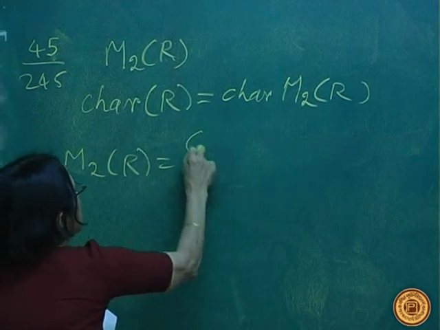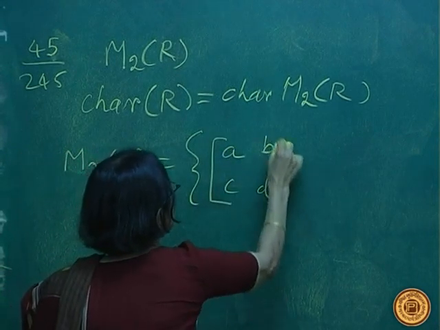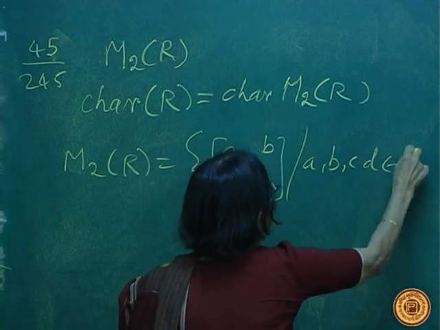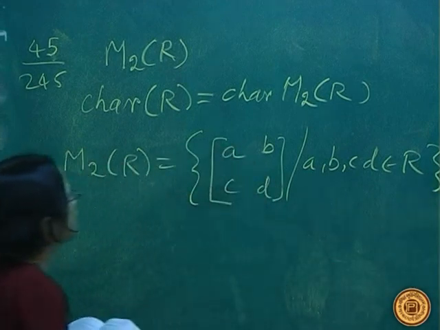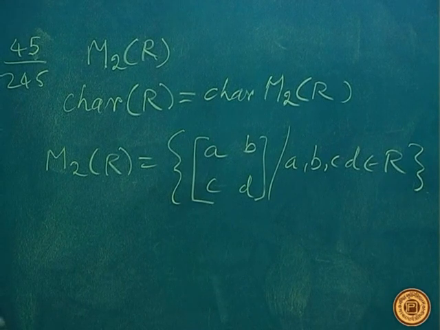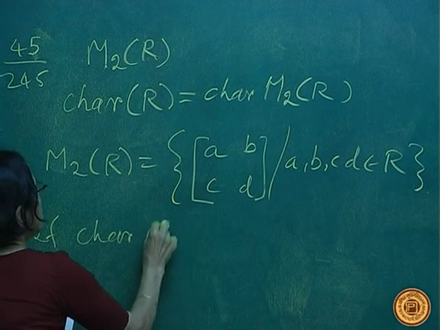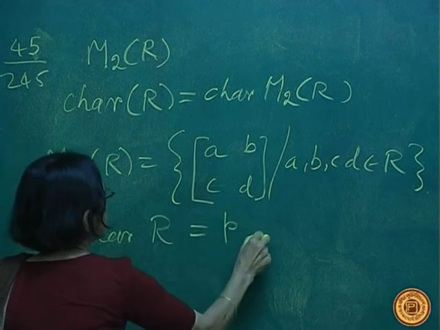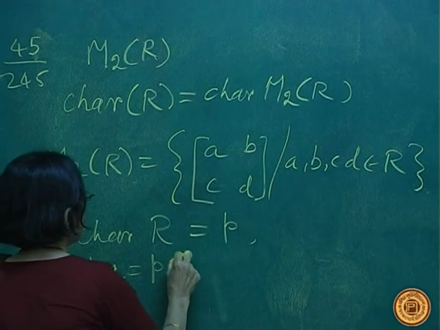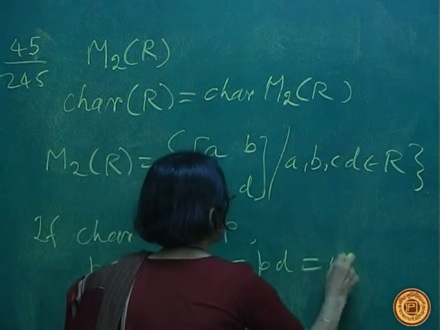M2(R) is equal to matrices [a b; c d] with a, b, c, d in R. If the characteristic of R is non-zero, okay, if the characteristic of R is equal to p, say, then p into a is equal to p into b is equal to p into c equal to p into d is equal to 0.